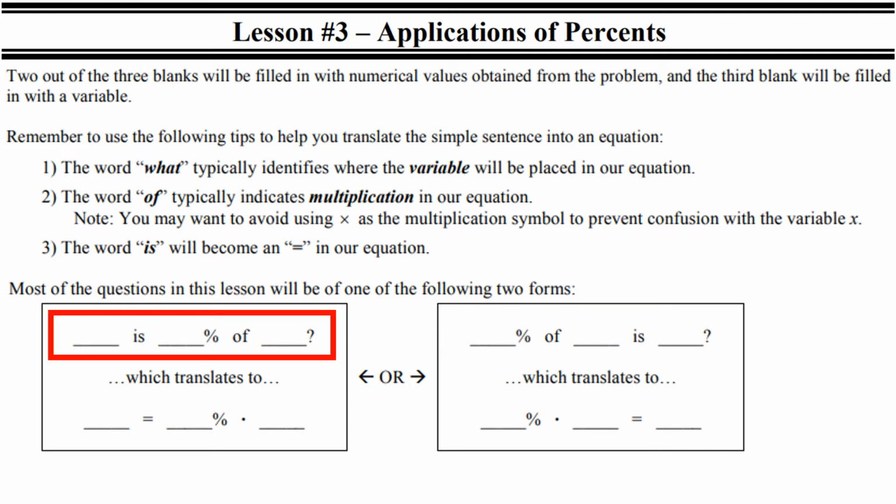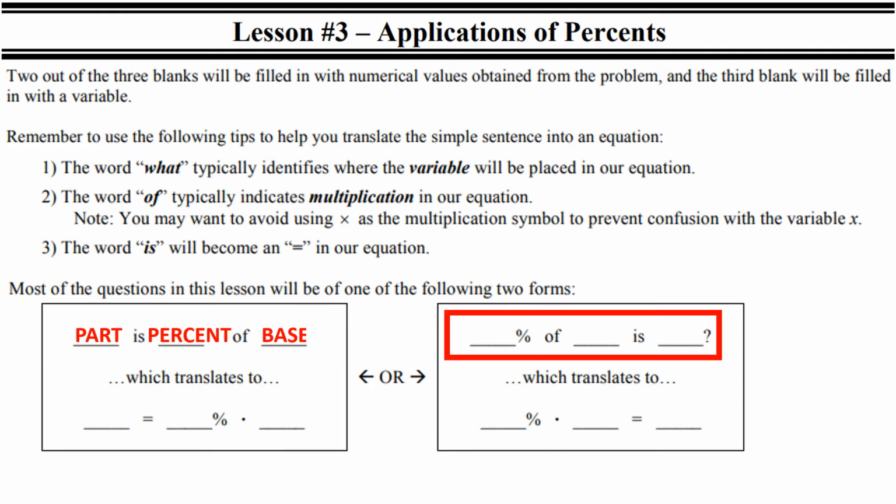One way to write out these problems is when they're in the form of an English sentence. And in this case, one of the forms is part is percent of base. Sometimes the English language has us write this in a slightly different order. The percent of the base is the part.